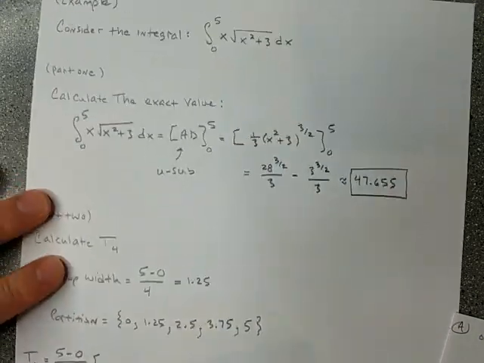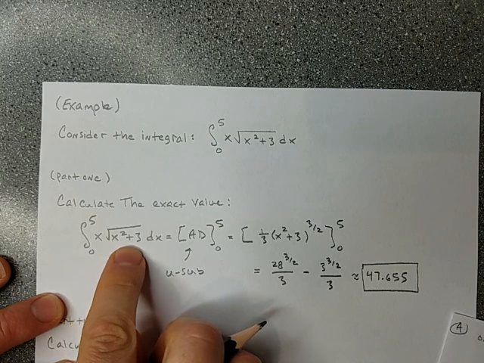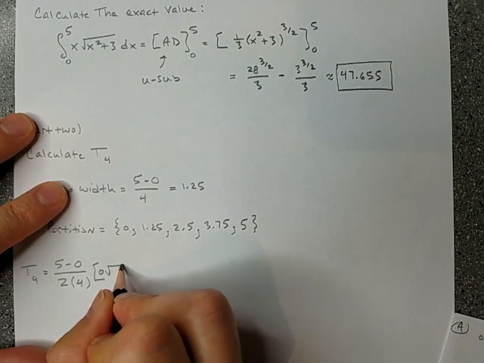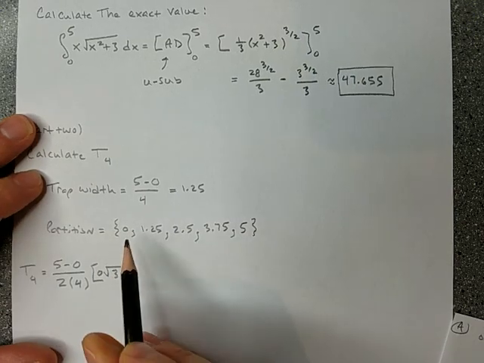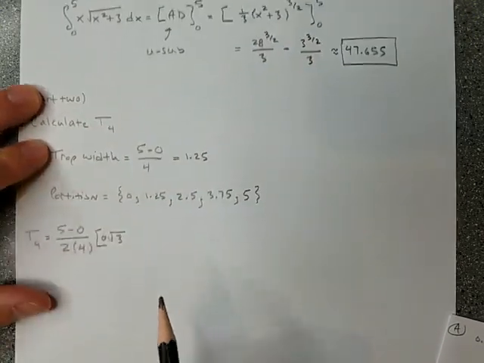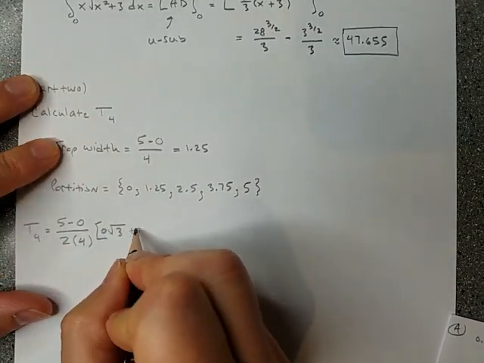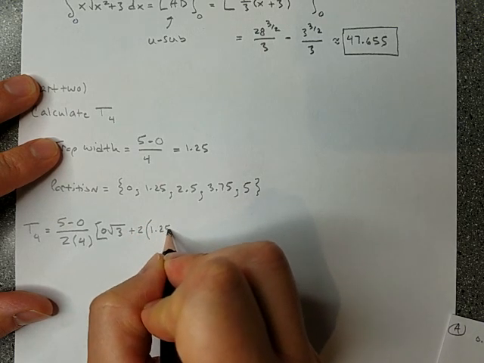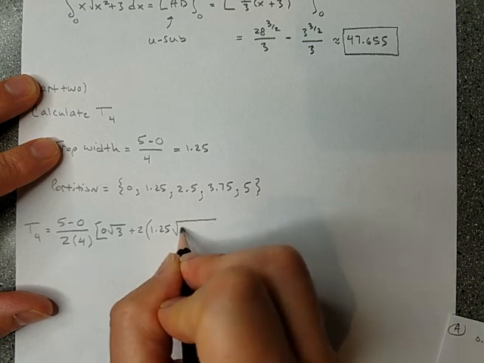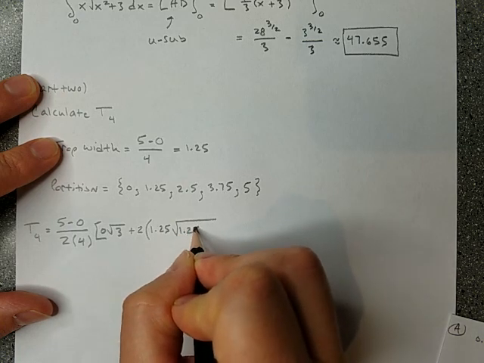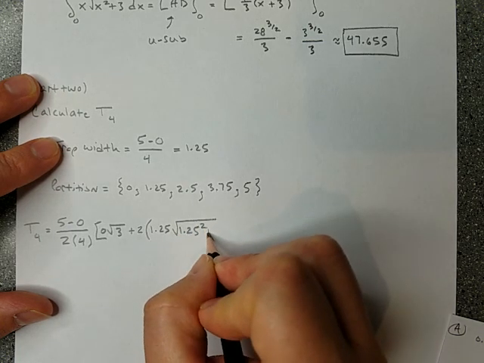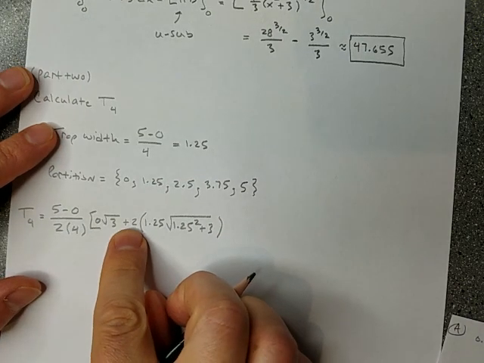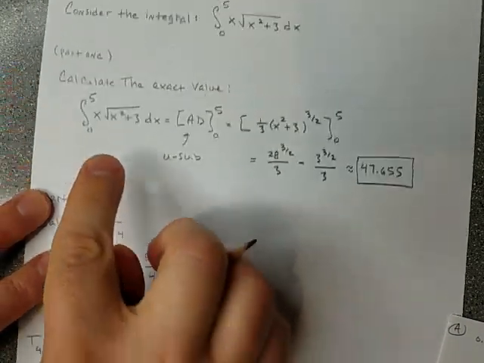So if our function's x times root x squared plus 3, then I'll get 0 times root 3. That's what you get if you put 0 in there. And then we need to do 2 times 1.25 root 1.25 squared plus 3, right? I gotta double that one, and I put 1.25 in like so.